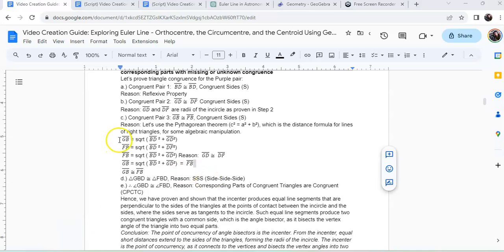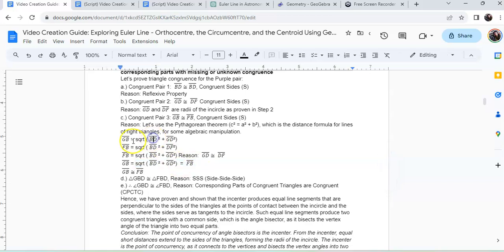Now have a look at equation 1 and equation 3, or the first line and the third line here. We have the same right side. So we can therefore say that side GB is equal to this expression, and this expression is also equal to FB.